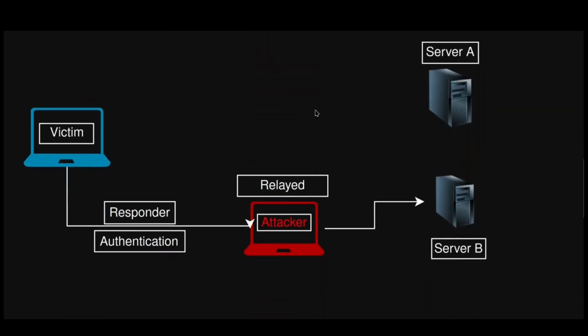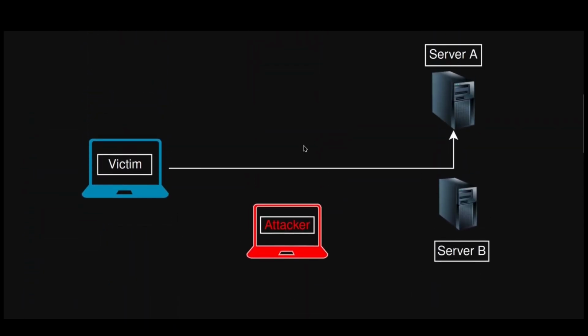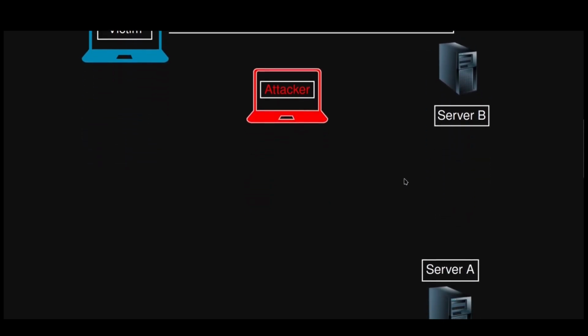Then there is a responder which the attacker has established inside the network, which allows the attacker to intercept the communication and pass on the credentials to the server the attacker wants to. So let's just say that the share name is Albert, and instead of ALBERT, the victim made a mistake and typed ALDERT.